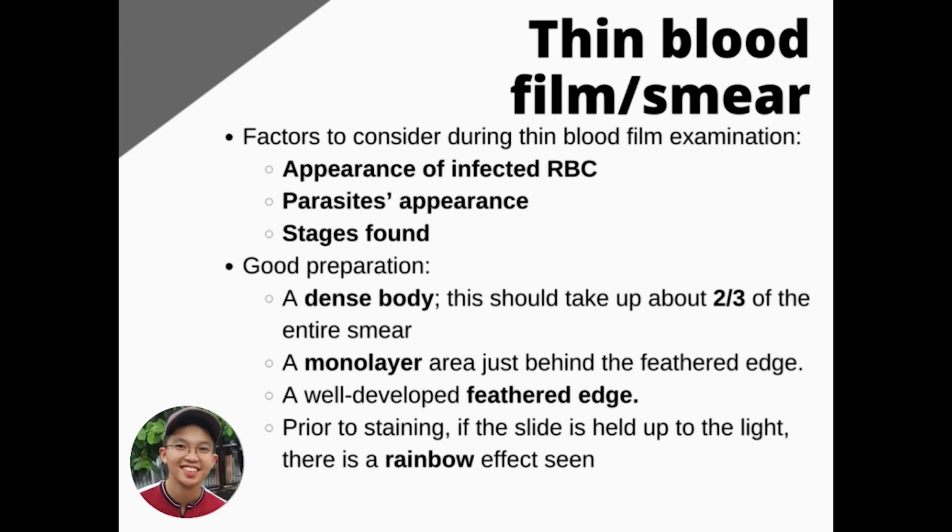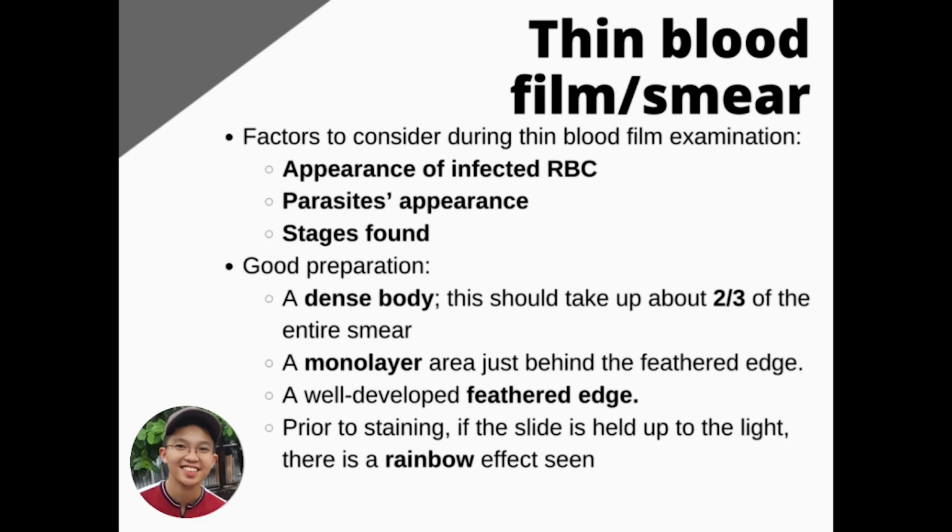These are the characteristics of a good preparation or an ideal thin blood film or smear preparation. A dense body, which should take up about two-thirds of the entire smear, a monolayer area just behind the feathered edge, and a well-developed feathered edge. Prior to staining, if the slide is held up to the light, a rainbow effect is seen.